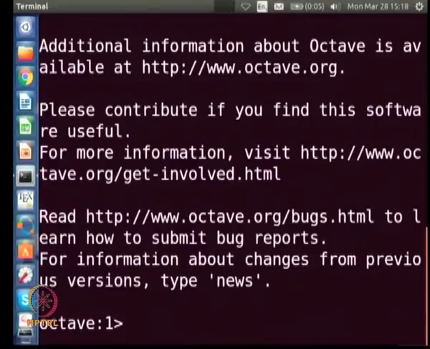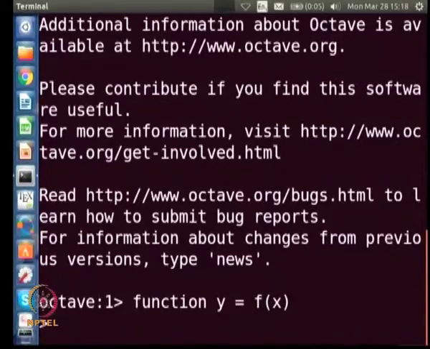I am going to write a function. The function is basically a factorial function. Let us assume that I do not give it non-integers or numbers like 0.